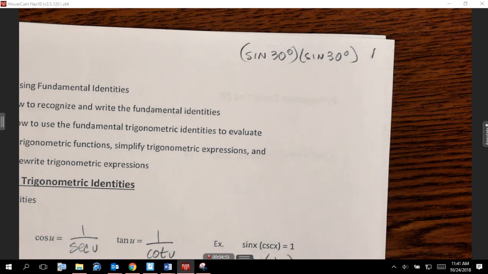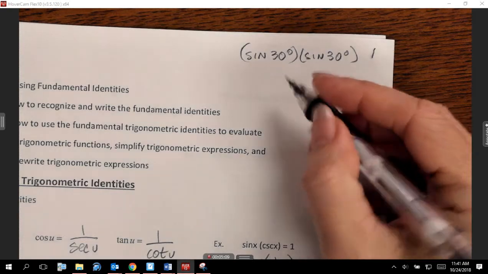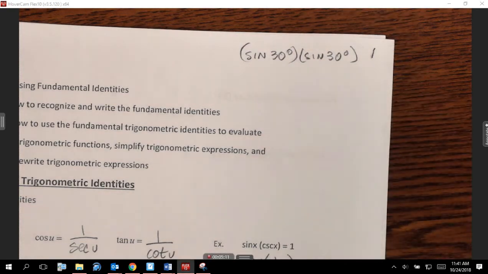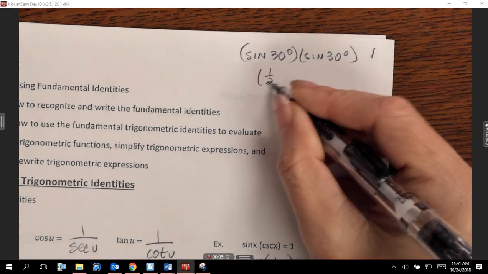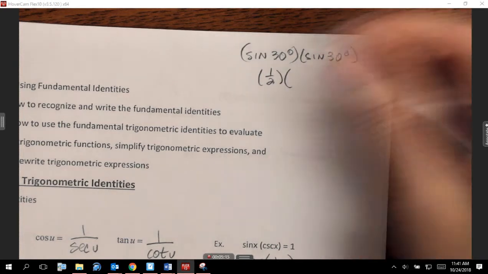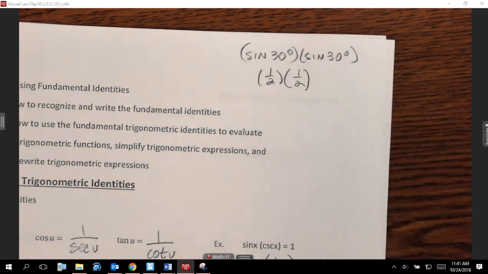How would I find the answer to this? How would I simplify it? What do you think? Take a guess. We're going to figure out the sine of 30 degrees first, and to replace that, substitute.